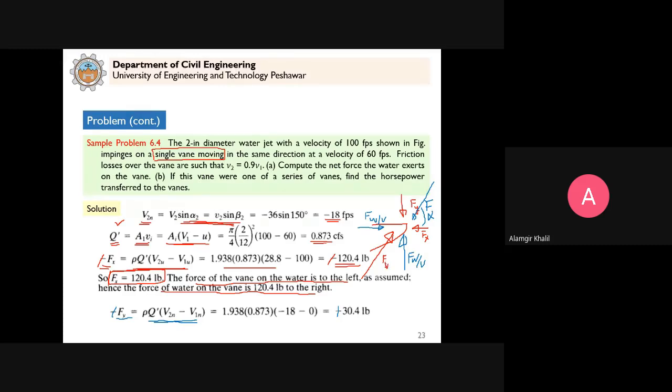Let me write down blade. Sorry, this will be the force of water on the blade. This will be the force of water on the vane or blade, and this will be its orientation that we can calculate from these components.